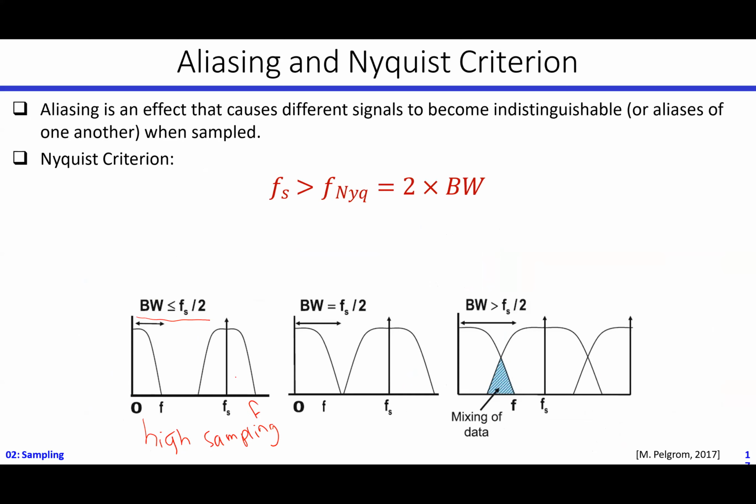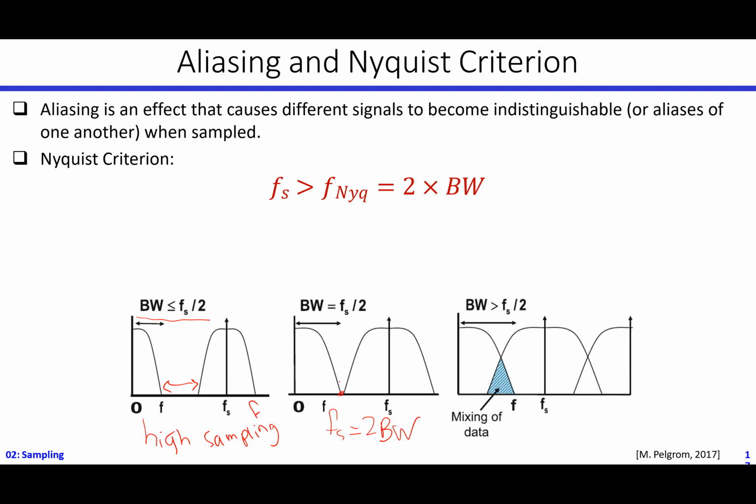You can see now you have much empty bandwidth here, or a gap between your original bandwidth and your sampling frequency. If you are sampling exactly at the Nyquist rate, so here your Fs is equal to 2W, 2 times the bandwidth, you are exactly at the Nyquist rate.